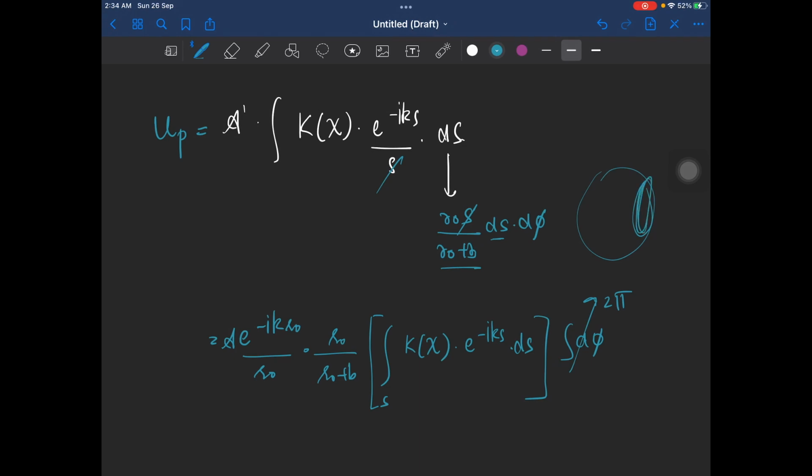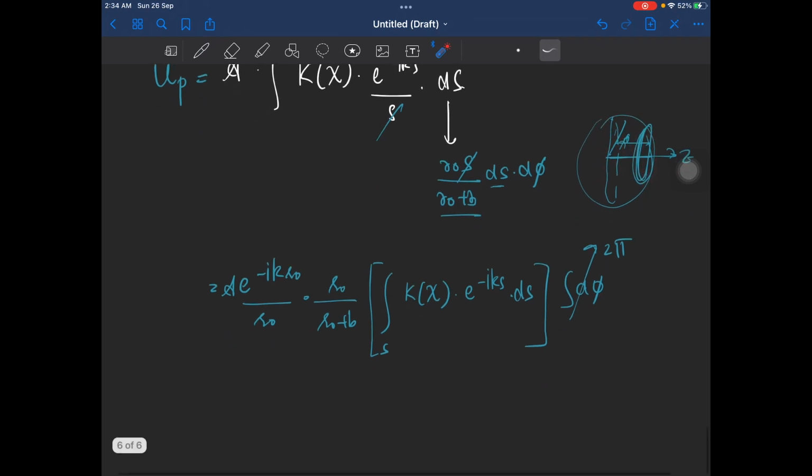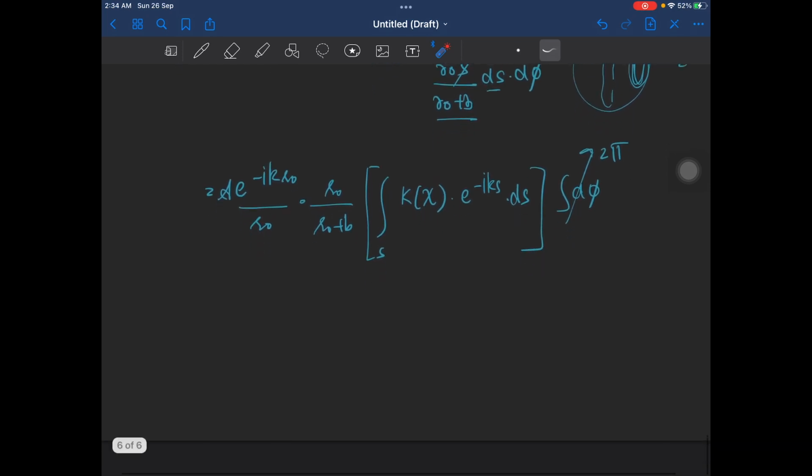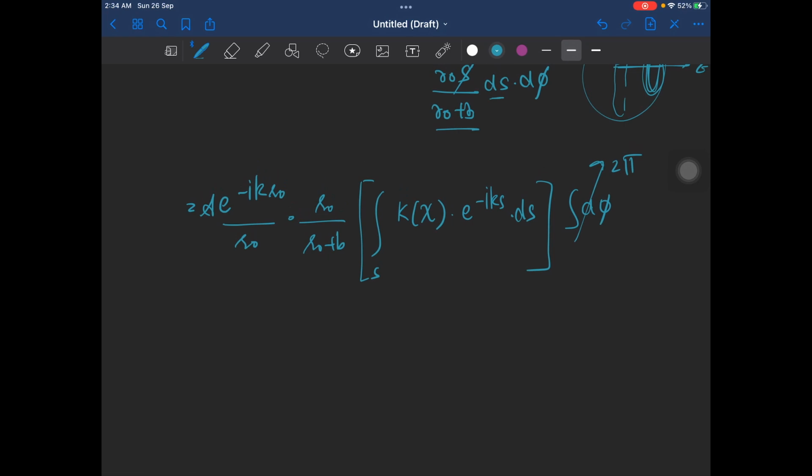The phi is in this axis, this is z, this is phi, and phi ranges over 2 pi so that it can cover the whole thing. 2 pi, cool. This is for a zone. We are calculating for a Darboux zone, let's call it a Darboux zone.